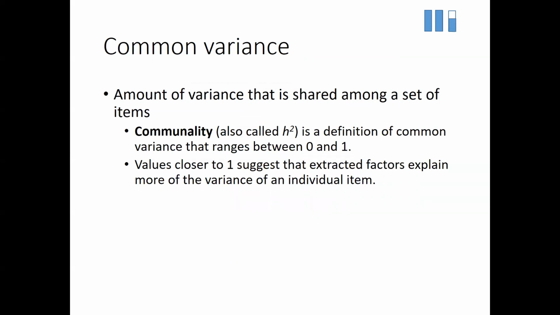Variance is always a positive number. But when we see communality calculated closer to 1, it means that whatever factors we're looking at explain more of the variance for an individual item, right? If we see this measurement of communality really close to 1, it means that the variance is being captured with that one item, okay?